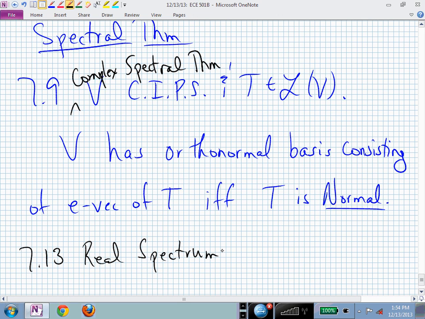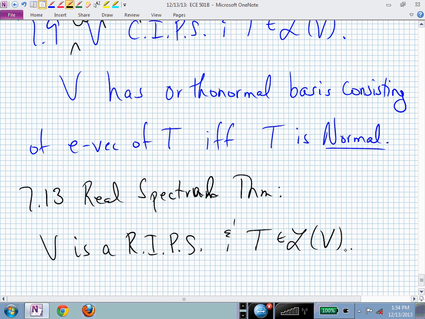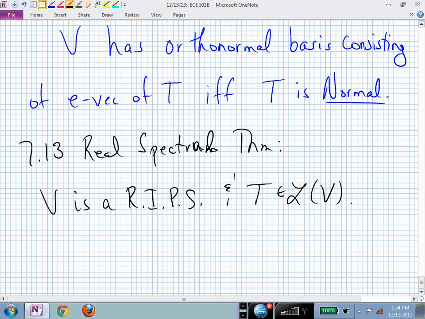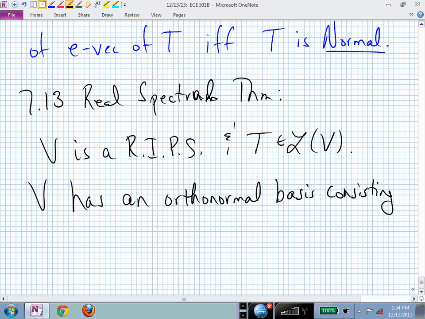We also have the real spectral theorem, which says the following. If V is a real inner product space and T is a linear map on that real inner product space, then V has an orthonormal basis consisting of eigenvectors of T if and only if T is self-adjoint.